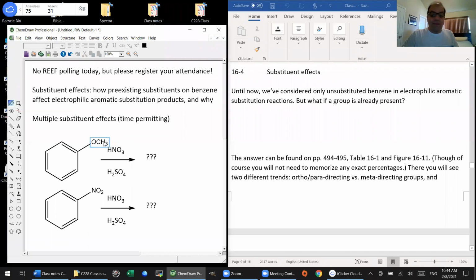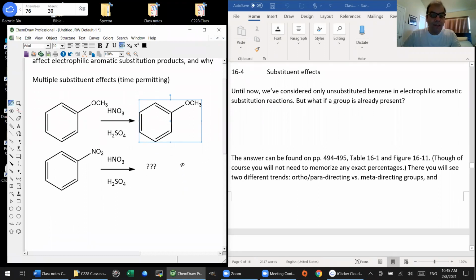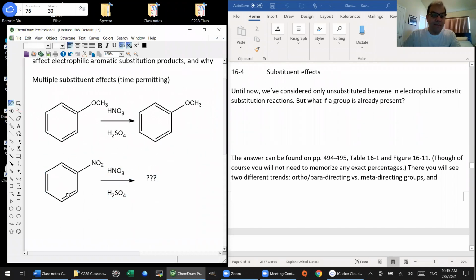So the simple-minded way of going about this, which we should start with: if we look at our information in the book there, we find that methoxy and other alkoxy groups are all ortho-para directing. So that means that we can predict that the products of this reaction will have the new nitro group be ortho or para to the pre-existing methoxy group.